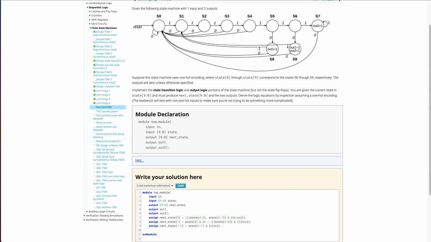So the MSB has S6 and in, or it has S7 and in.